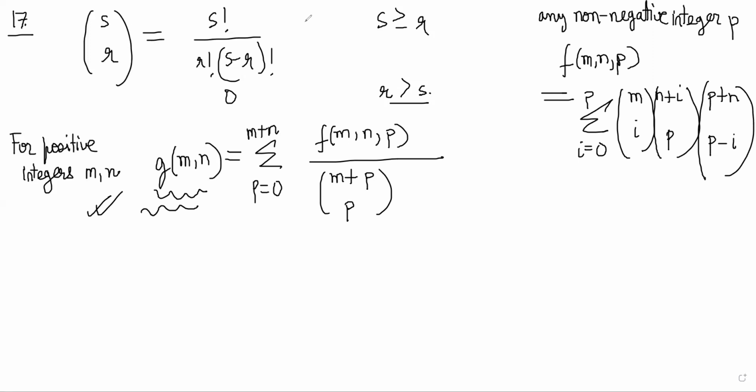So, F of M N P we have to first understand. I goes from 0 to P, and this is M C I, so M factorial by I factorial, M minus I factorial. And then what is there?